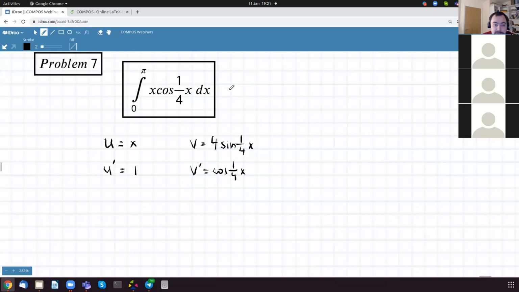And we use the formula of integration by parts. So it's uv minus integral of u prime v dx.